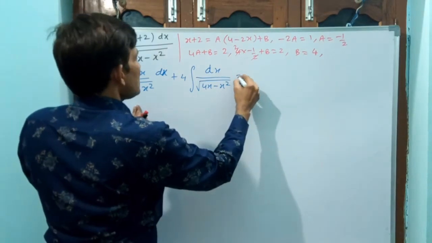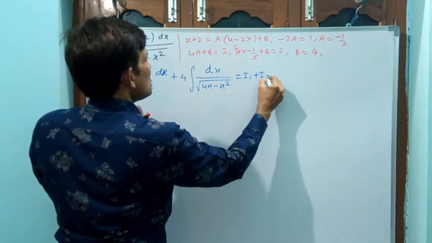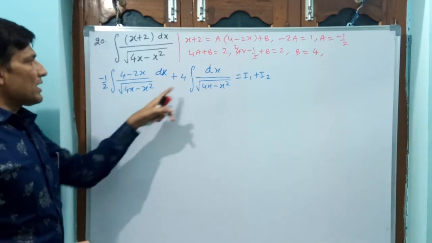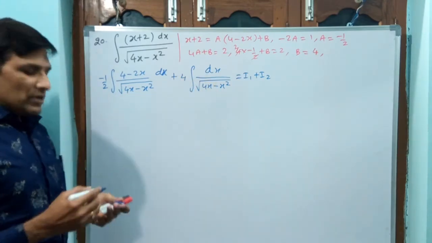See, now I am making this I1 plus I2. I1 may be minus of something, I2 may be plus of something, but I1, I2 like that I have taken.